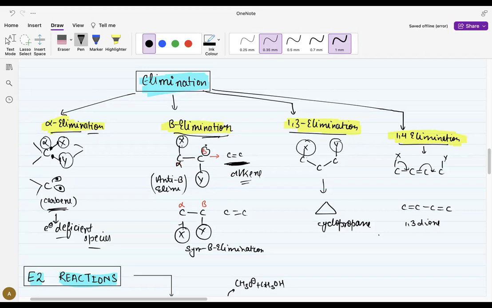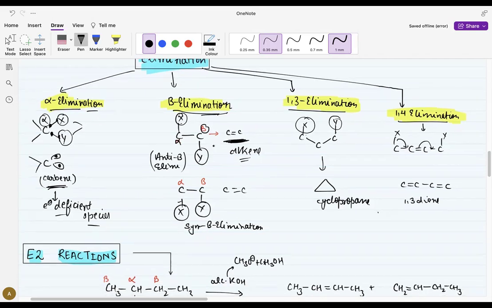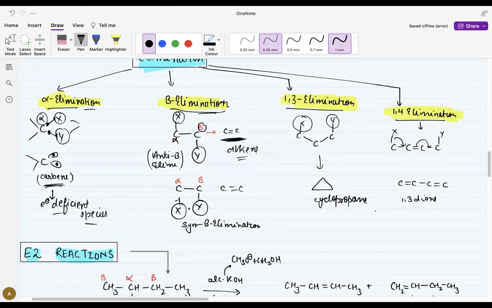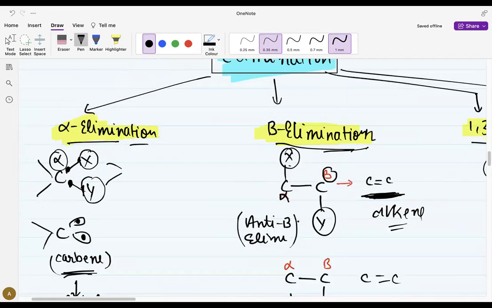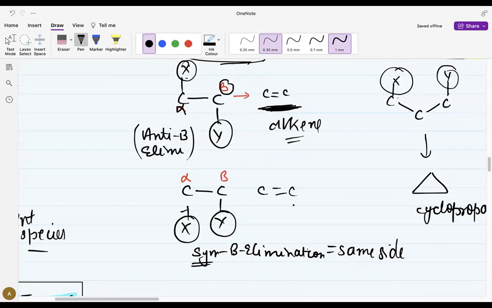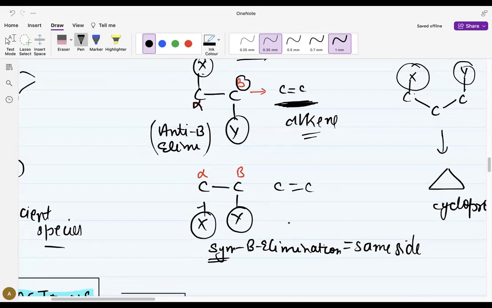We can do beta elimination by two methods. First one is syn elimination. Syn means both X and Y are removed from the same side. If we are removing X and Y from the same side, it is known as syn elimination.